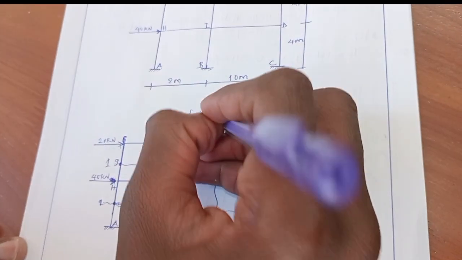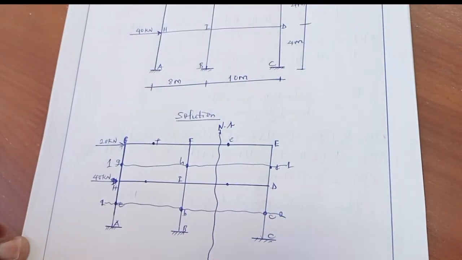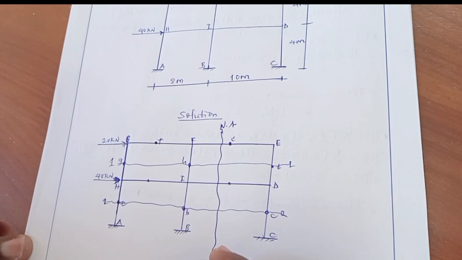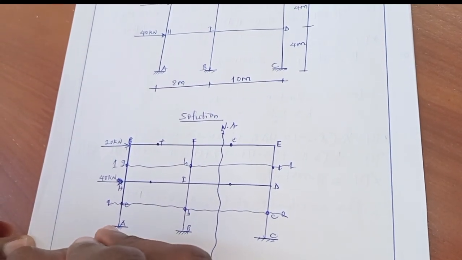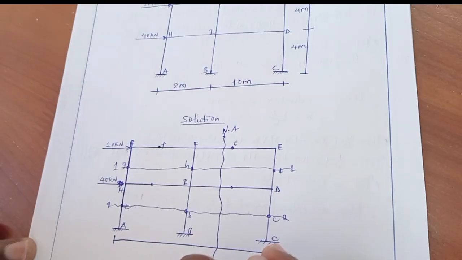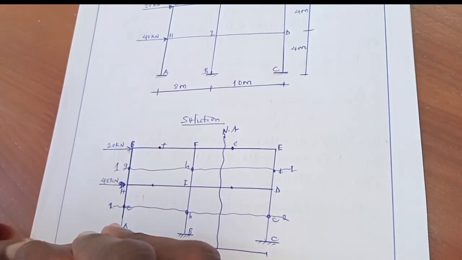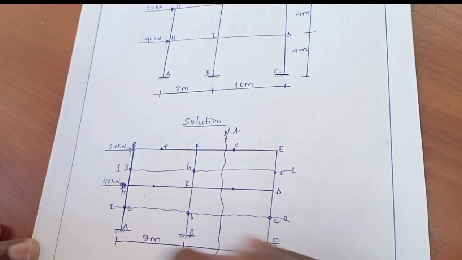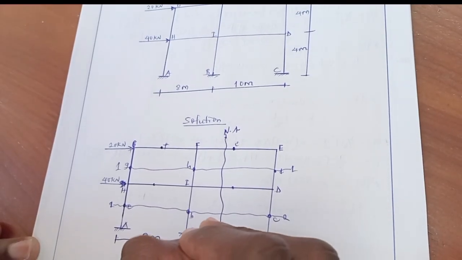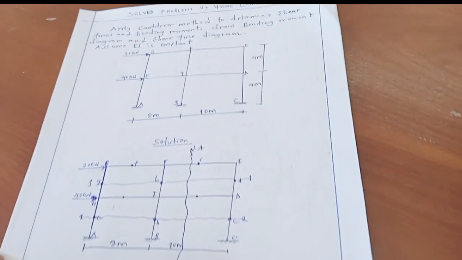This is the neutral axis of the centroid, whereby the span of this frame system from this to this was 8 meters, from this to this was 10 meters. So how is the centroid obtained?